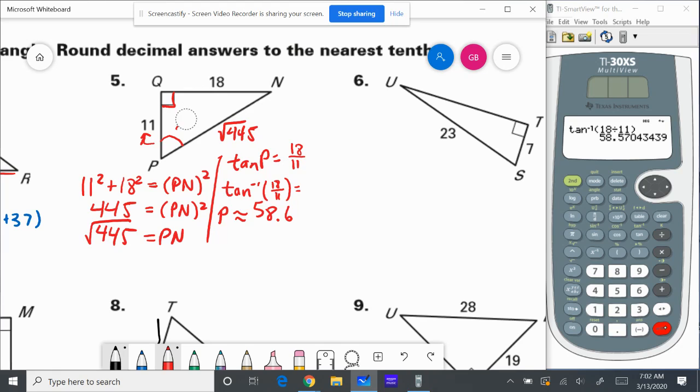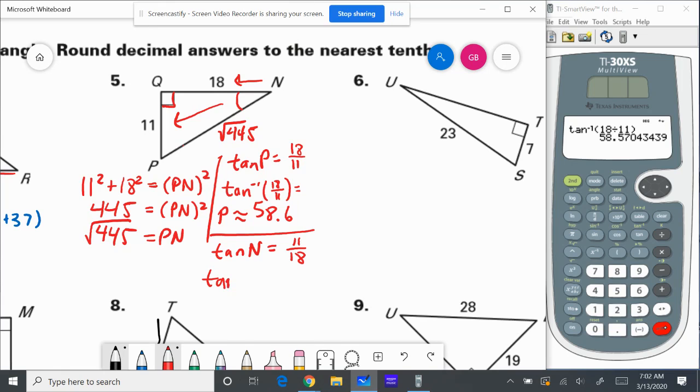Okay, so now to find angle N, 11 is opposite, 18 is adjacent. So once again, the tan of N is equal to 11 over 18.